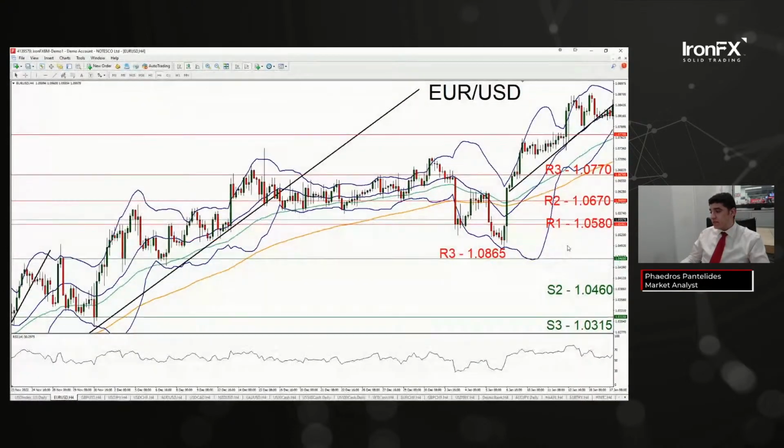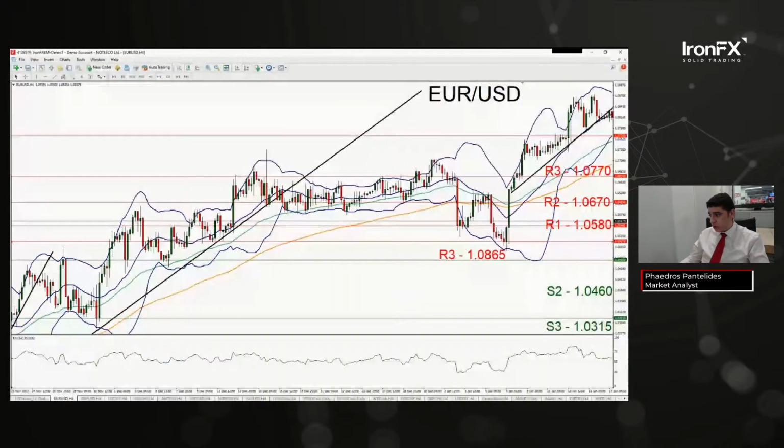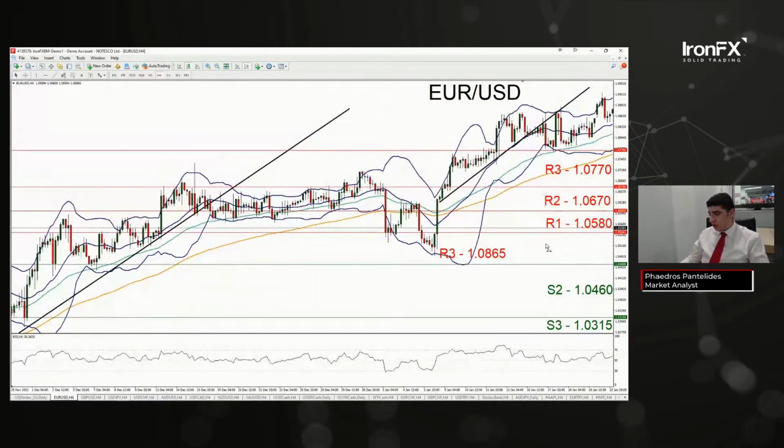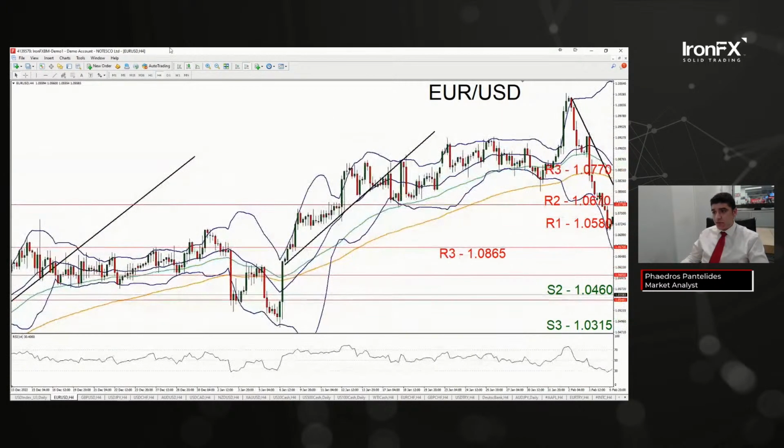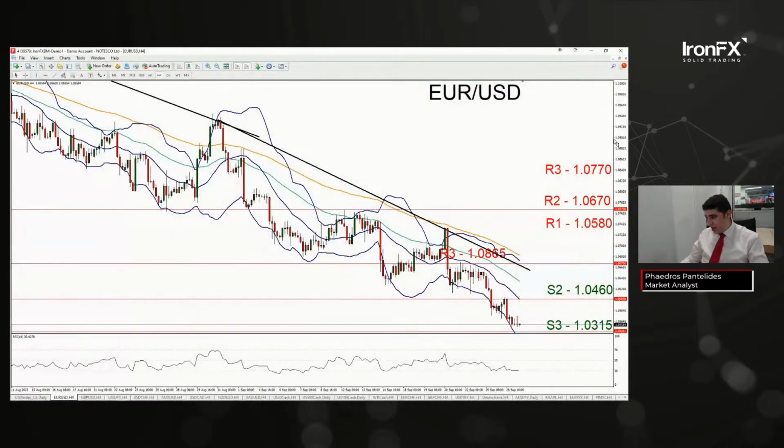In order to provide some space between S2 and S1, we're not going to be placing our support level here, because if it's around this point, it could simply have been about 48 pips, which, as many of you probably know, could be easily broken within a day or two. Therefore, in order to increase the distance between support levels, we're going to be placing it at a slightly higher level.